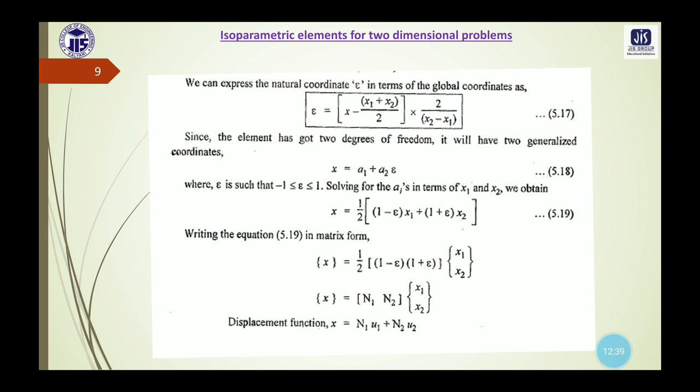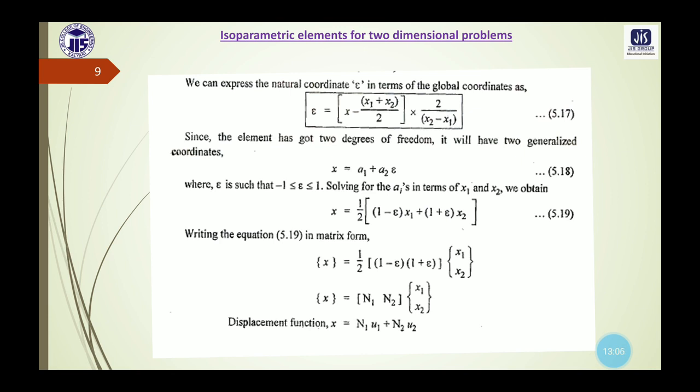Now if we represent equation number 5.19 in matrix form, then the x matrix equals half, then a row matrix of 1 minus epsilon and 1 plus epsilon multiplied by a column matrix x1, x2.